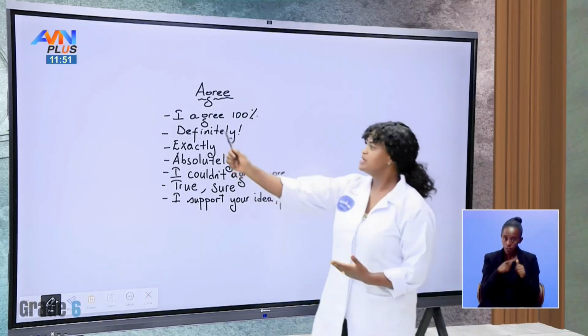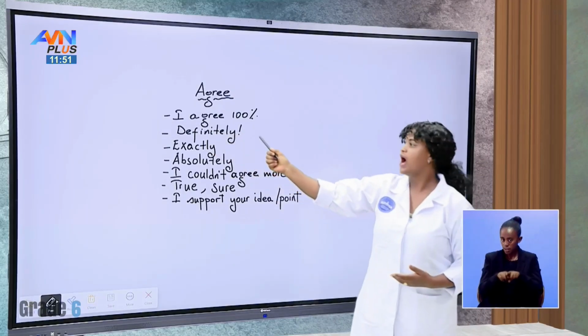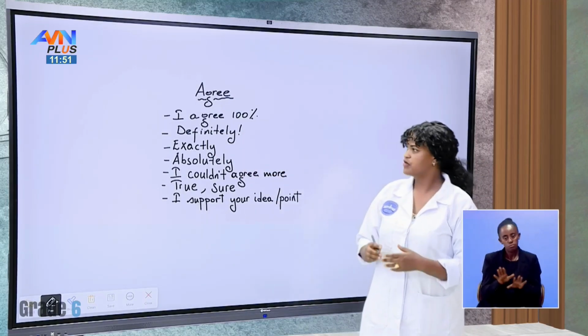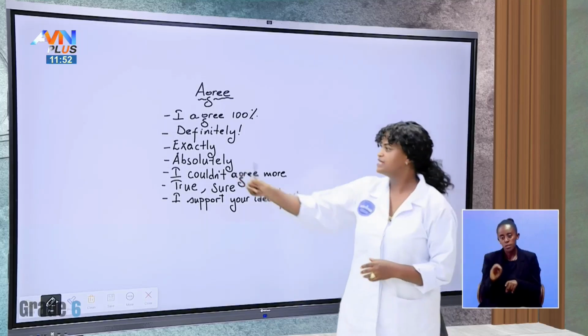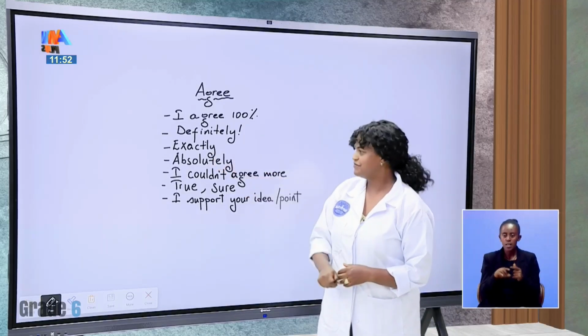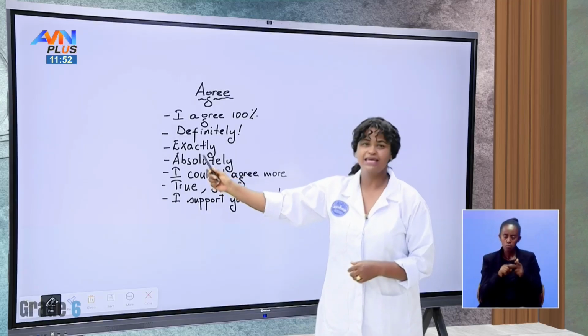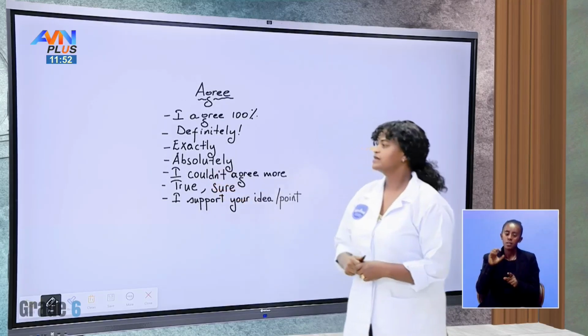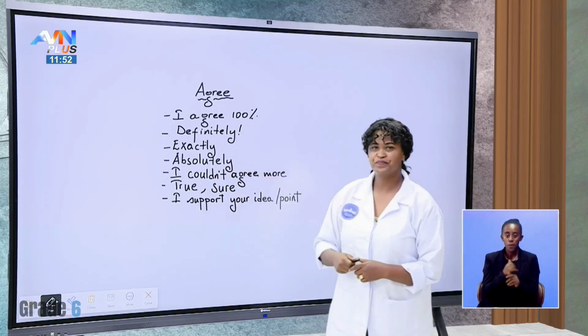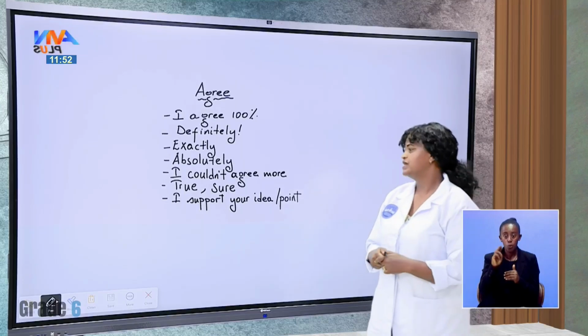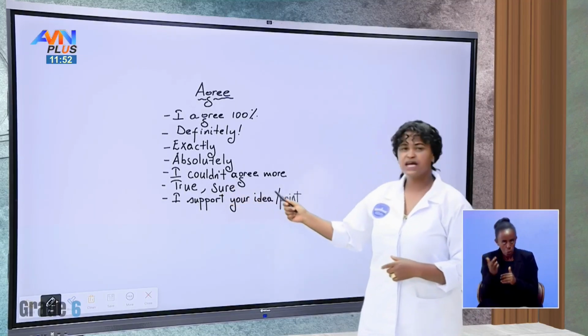The first one, I agree 100%. Very good. I agree 100%. And this one, definitely. Good. How about the third one? Exactly. Yes, exactly. And next, absolutely. Or I couldn't agree more.